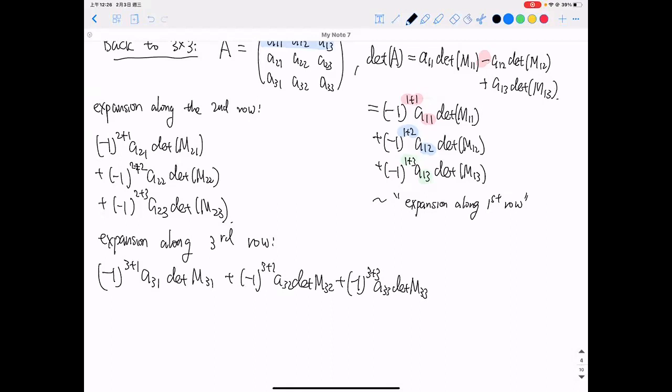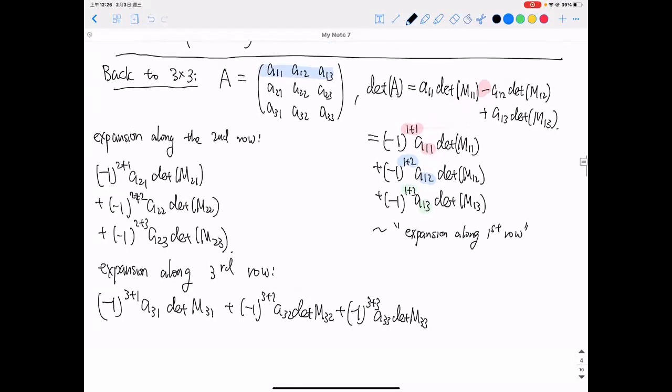Okay. But we decided to call the expansion along the first row the determinant of A, which seems to be some intrinsic quantity associated to A. But what about expansion along the second row? What about expansion along the third row?